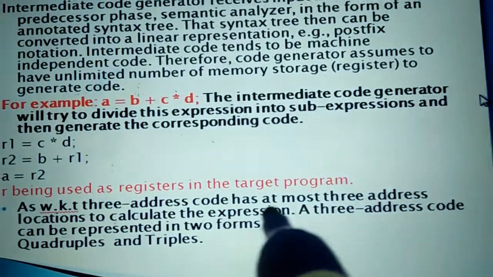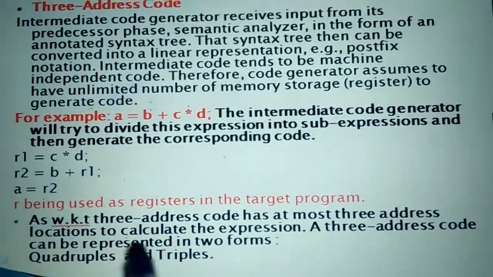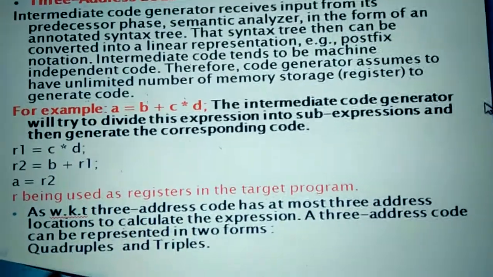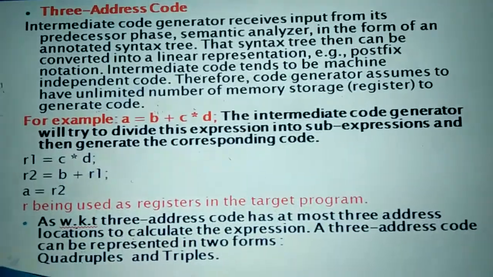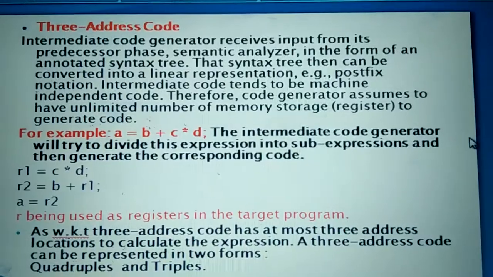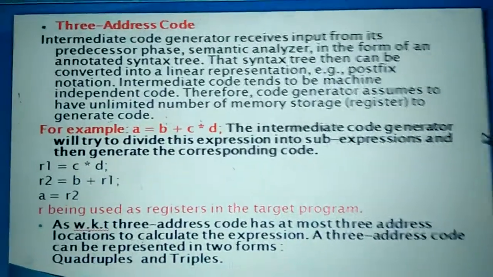As we know, the 3 address code at most has 3 address locations to calculate the expressions. A 3 address code can be represented in two forms, that is quadruples and triples. This I told in my last video also.